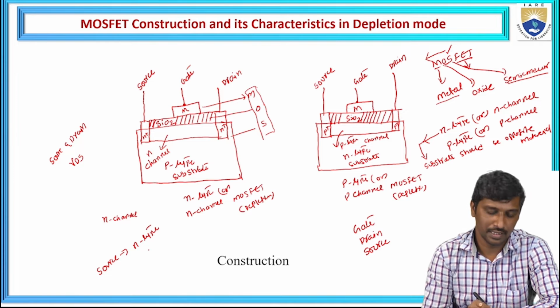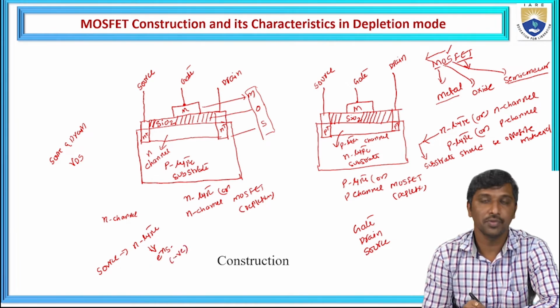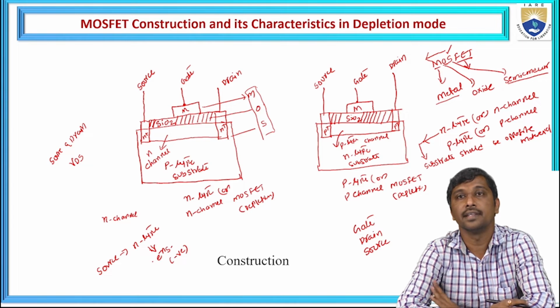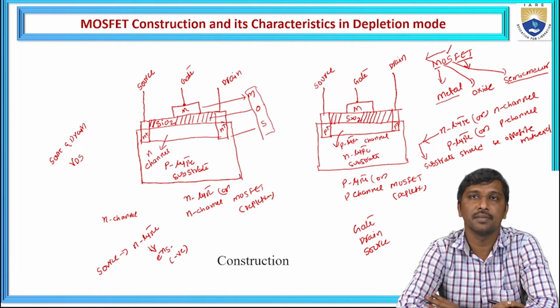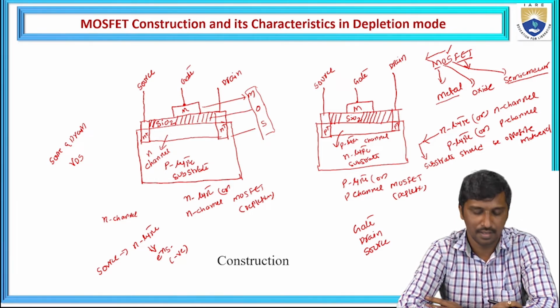And we know that if it is an N-type material, the majority charge carriers are electrons, and electrons are negatively charged particles. Hence, if you want to repel these electrons from source to drain, we need to apply some force to repel the charge carriers.